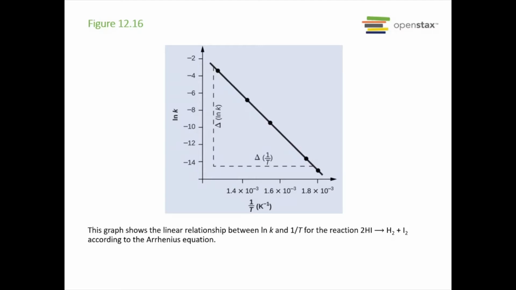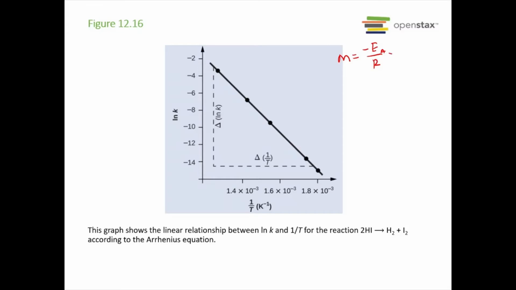So if you remember, the slope of this line is equal to negative EA over R, and we're looking for EA. So let's go ahead and find the slope of our line. We're going to pick two points. We'll go ahead and do our first and last point.